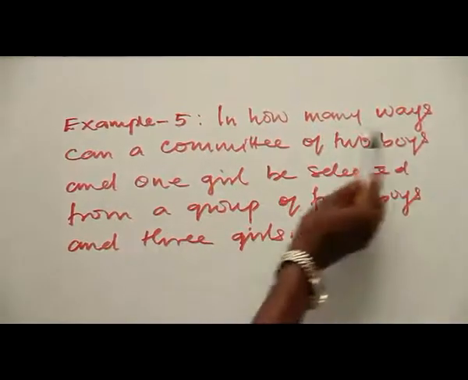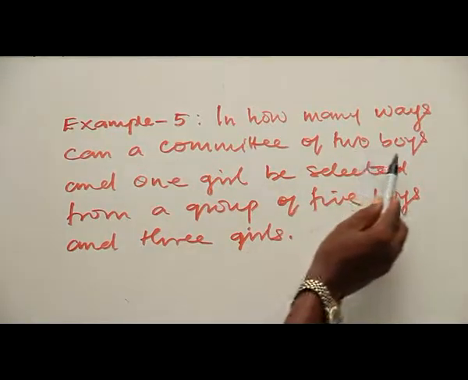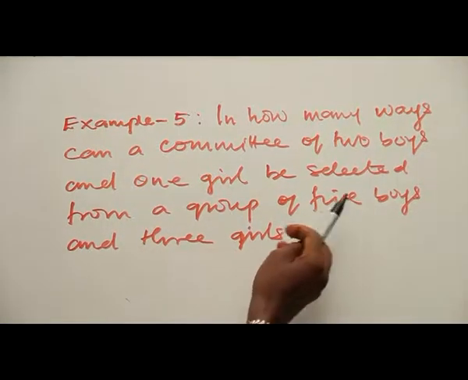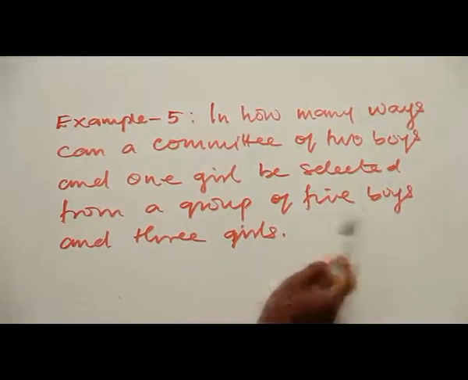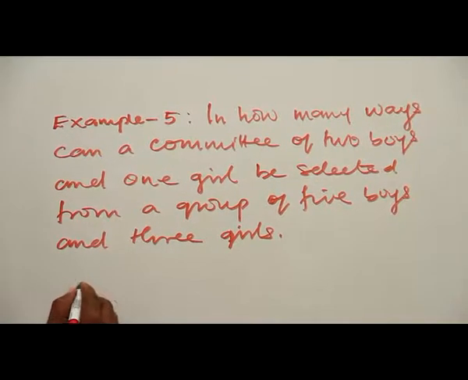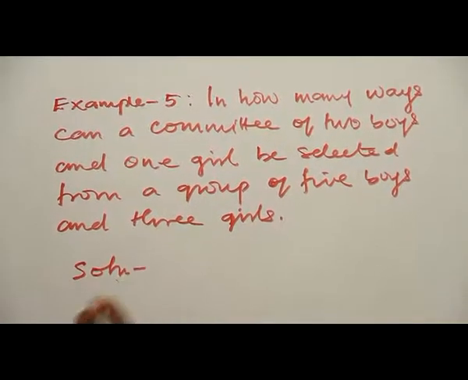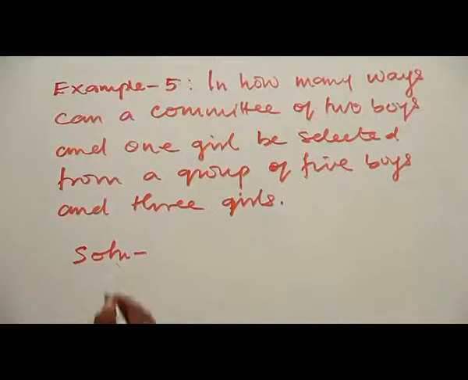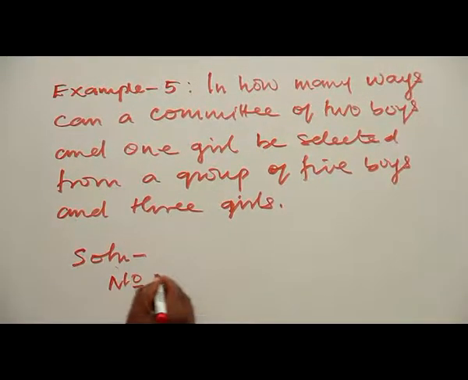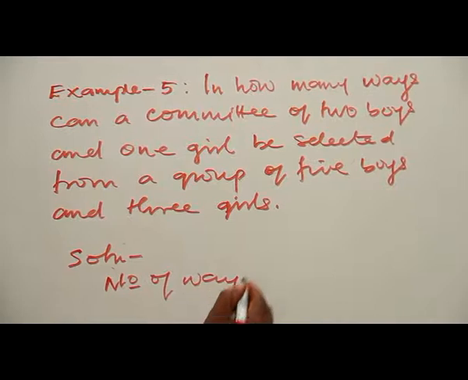Example 5. In how many ways can a committee of 2 boys and 1 girl be selected from a group of 5 boys and 3 girls? Solution. Here we have the number of ways of doing this.